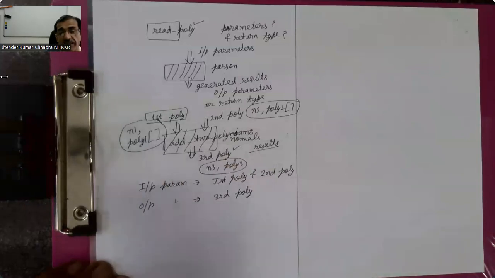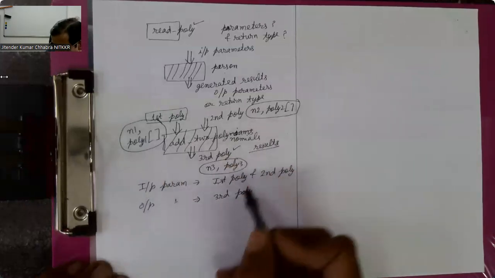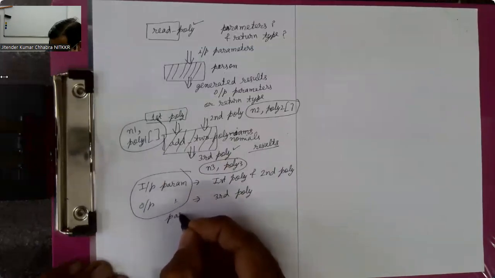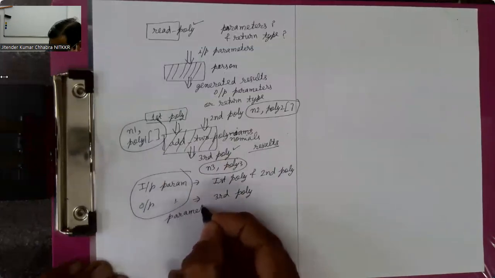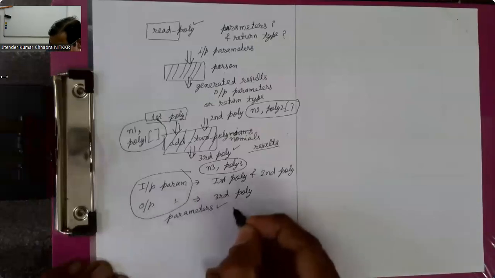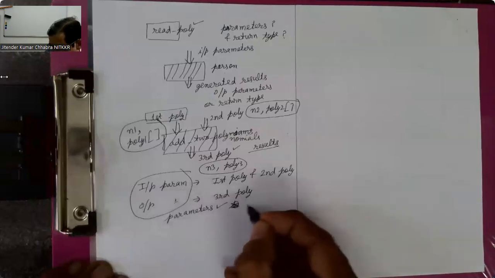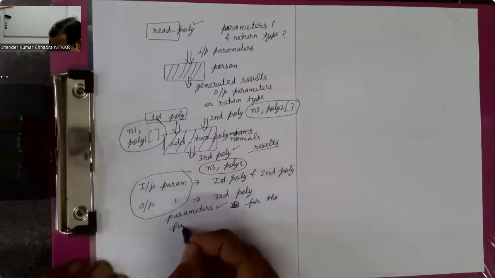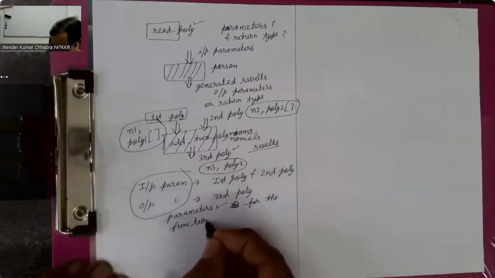So this is how I decide. Everything on the input side comes through parameters, and the output can come through the return type of the function. So whatever parameters I need, I will decide based on that.